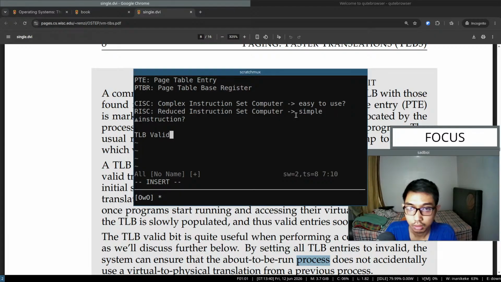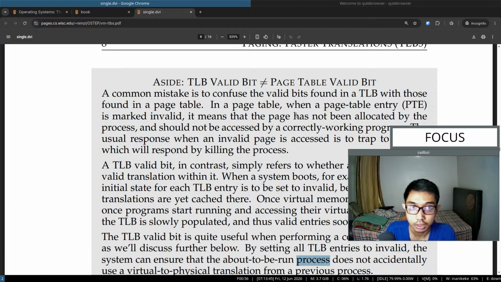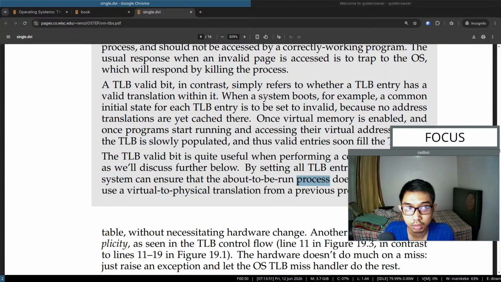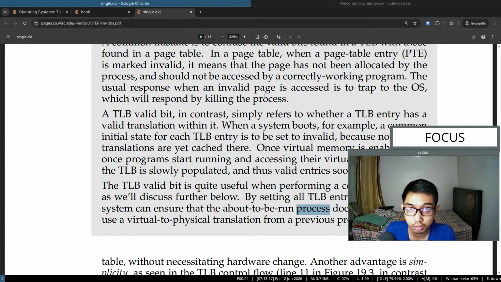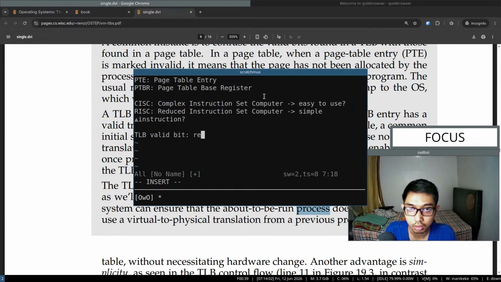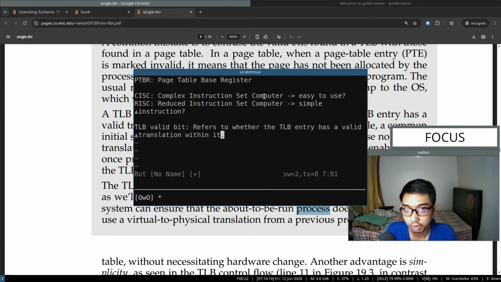TLB valid bit. Okay. It refers to whether the TLB entry has a valid translation within it. Yeah, maybe something like this.